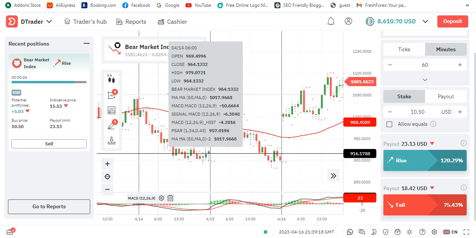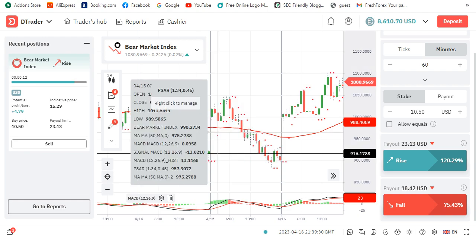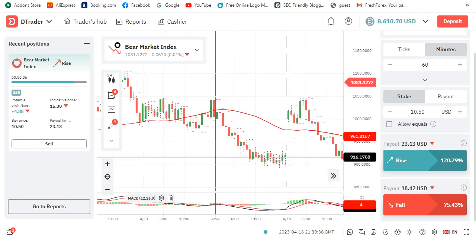So you can see now I've made 50% of my investment. I used $10, and you see that almost $5 already. So that is the benefit of this strategy.